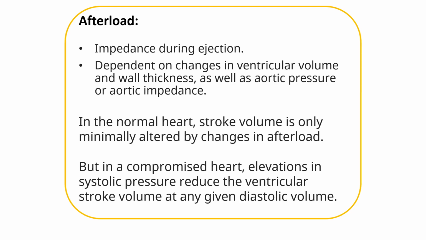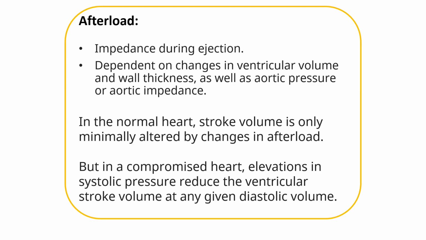Now let's talk a little bit about afterload. Afterload is best explained as the impedance that the ventricle meets during ejection of blood. It is the pressure that the heart must work against to eject blood during systole. It depends on changes in ventricular volume and wall thickness.